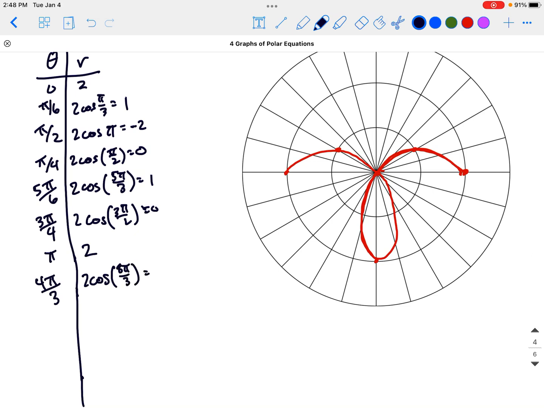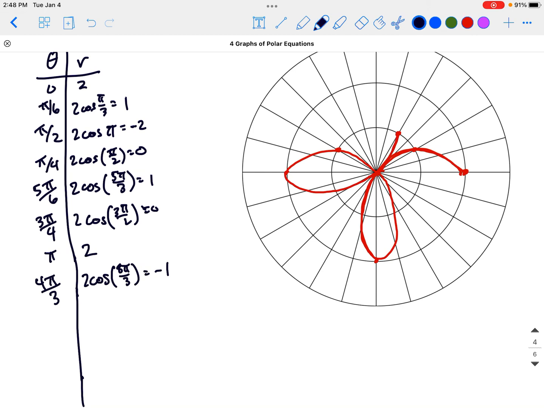And 8 pi over 3 is the same as 2 pi over 3, which is going to be -1. So at 4 pi over 3, we're going to be at -1.